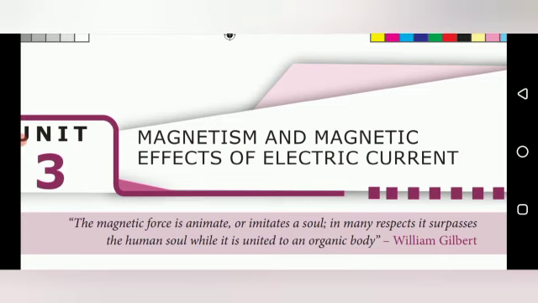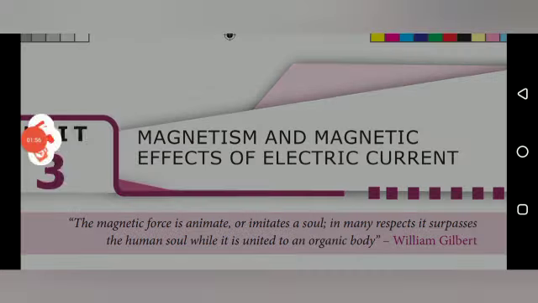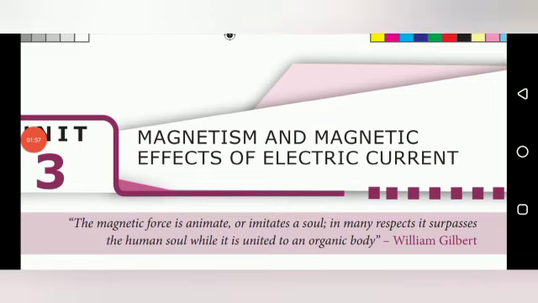When a wire is near any conductor, it can attract, so that produces a lot of damage. That's why we use insulators to protect the wire and reduce the damage around the wire. So this is the magnetic effects of electric current.